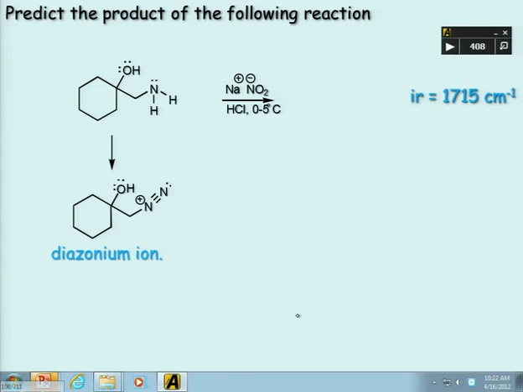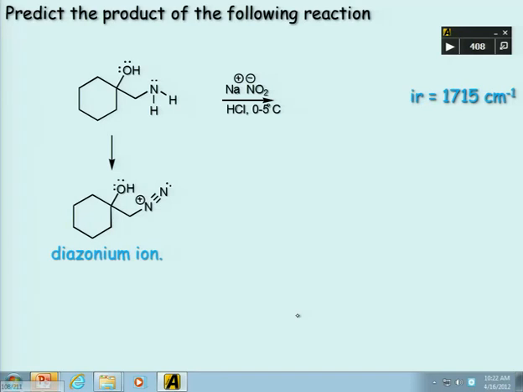Give the class a hint. What is going to be the next step? The diazonium salt is going to decompose. What is one of the products? How about the guy in the middle here? What is one of the products going to be? No, one of them. Simple product. Nitrogen. Exactly.